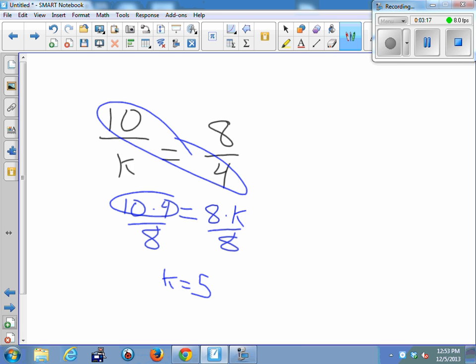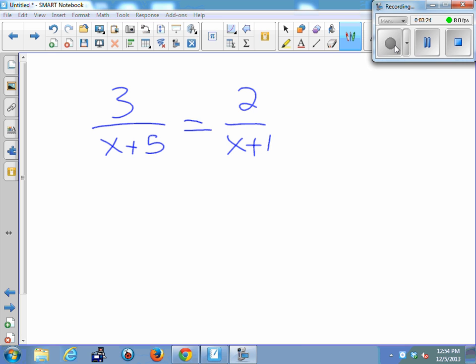But let me see if I can find one where it's a little more complicated for you guys, and then we'll talk about it. All right, so this one is the same thing. We have a proportion. We're comparing two ratios, setting them equal to each other. But it's a little more complicated. We're going to multiply these two together.